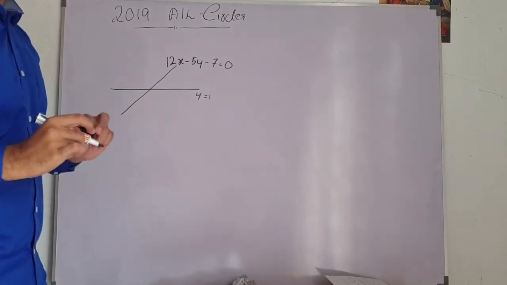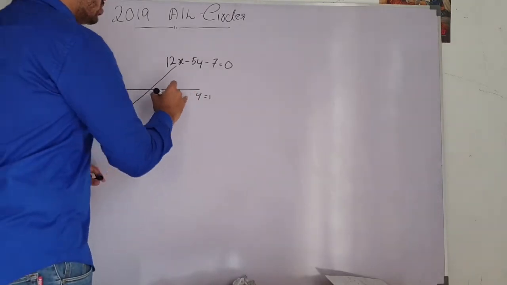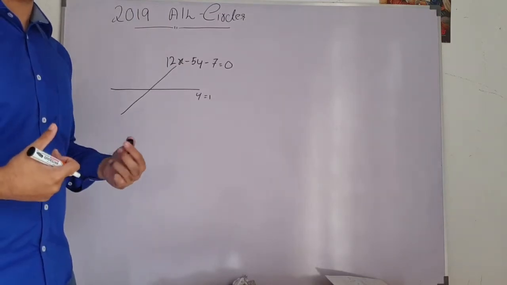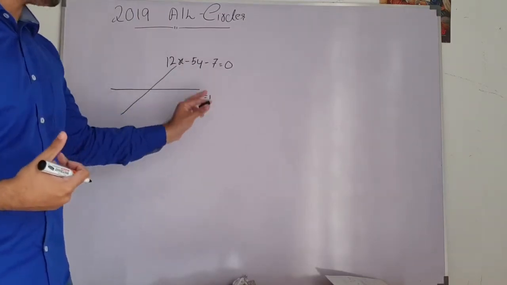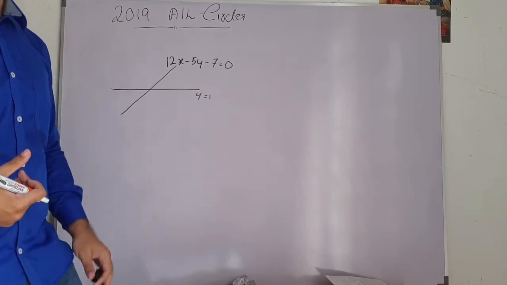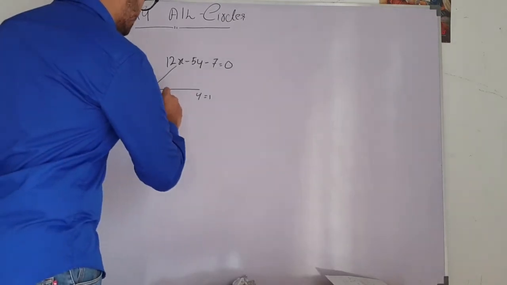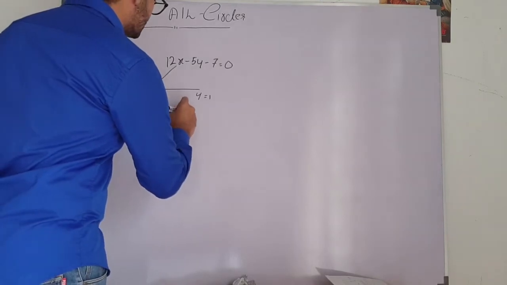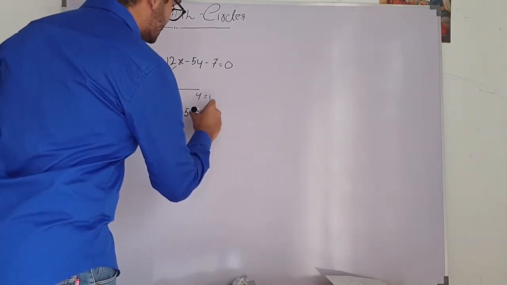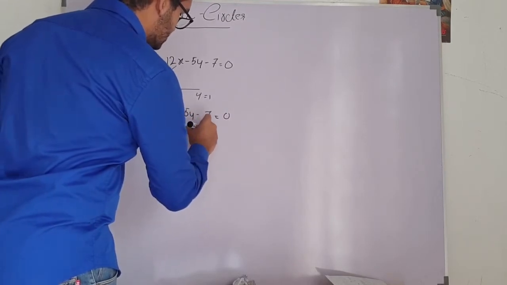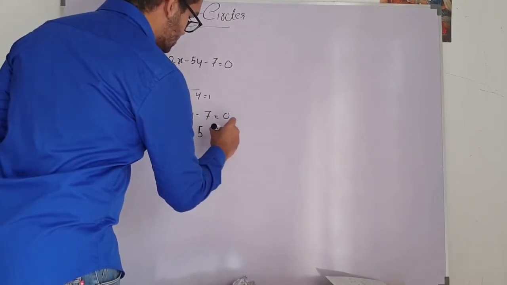So how am I going to do this? Well, just for your personal preference, in order for you to get some confidence, I'm going to solve both of these using simultaneous equations. But you don't need to solve that, but I'm going to do it here. 12x minus 5y minus 7 equals 0, and you can write this as 5y minus 5 equals 0.